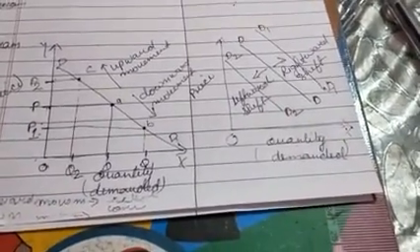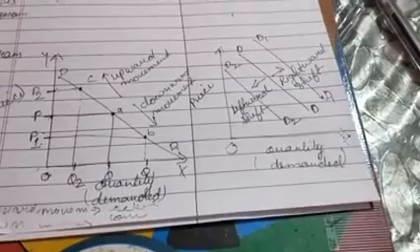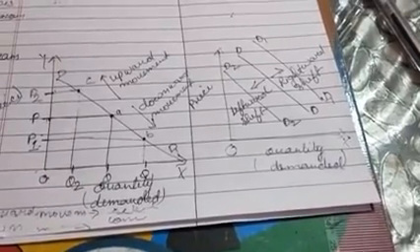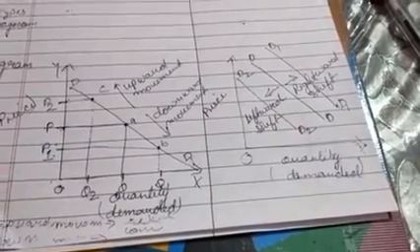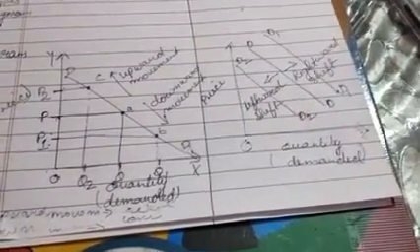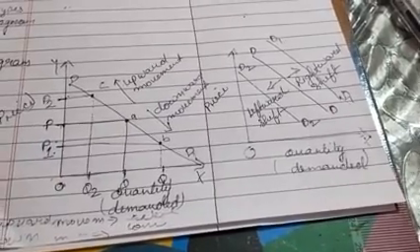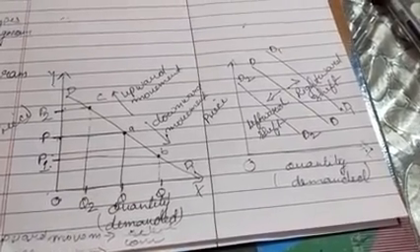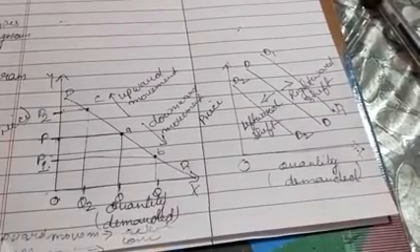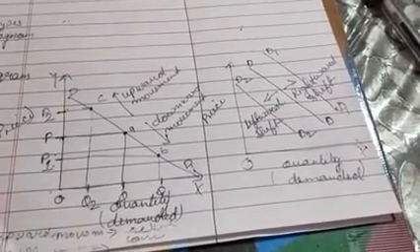Okay, now we have to start the new chapter, children. The new chapter, chapter number 3, is theory of consumers behavior. I am going to upload the video tomorrow.